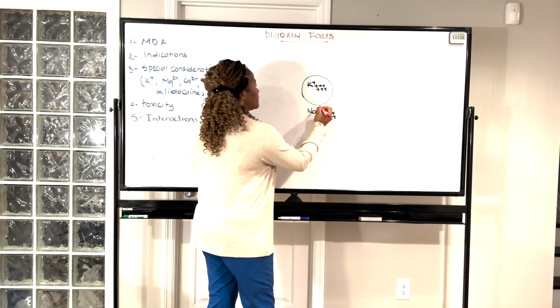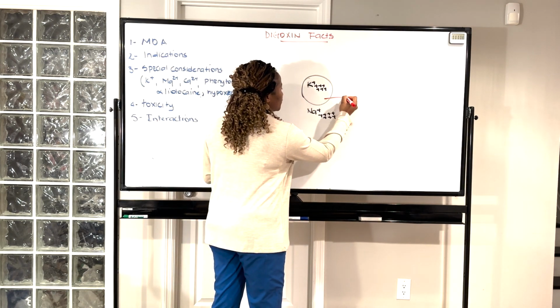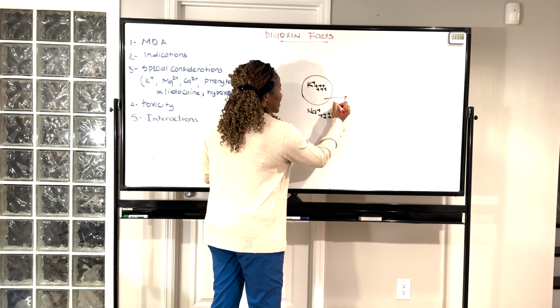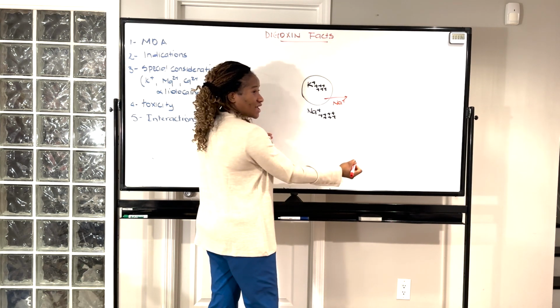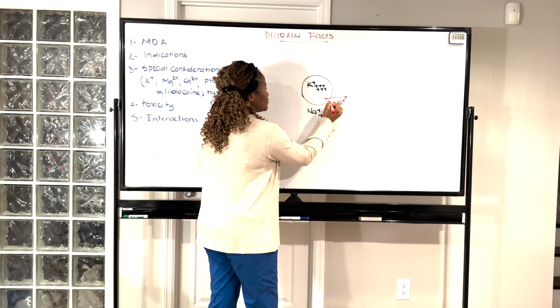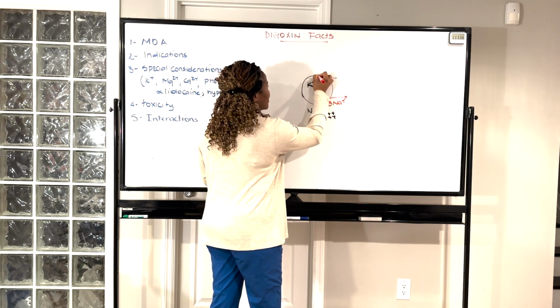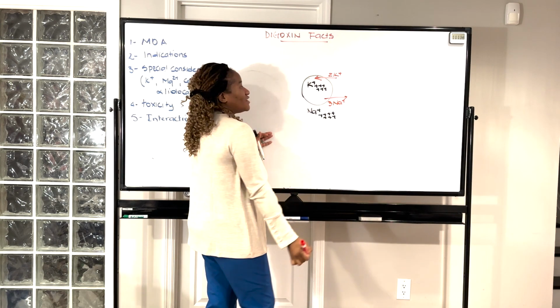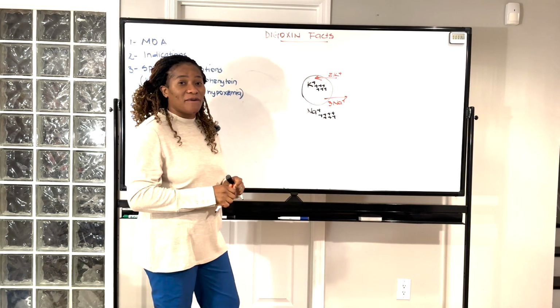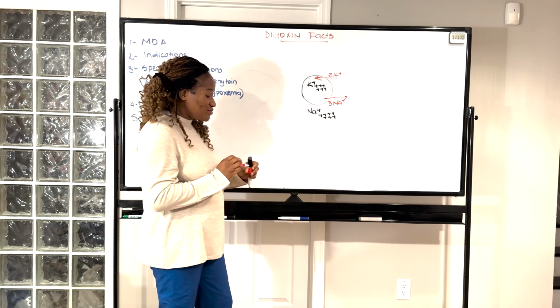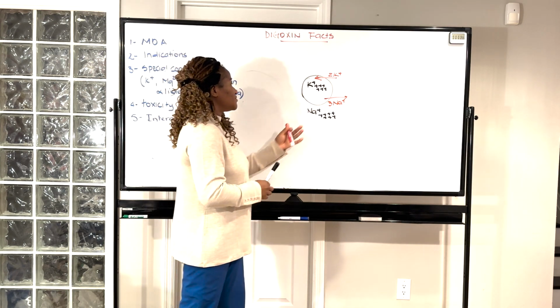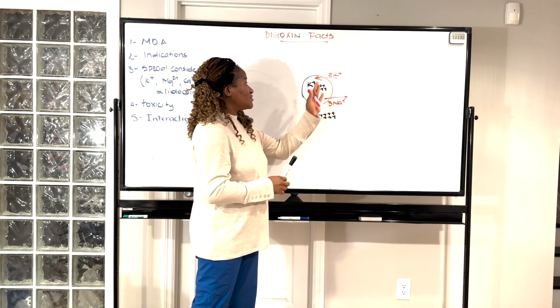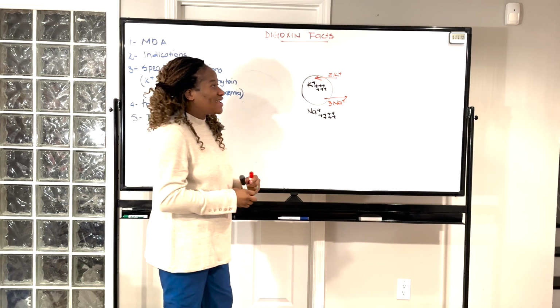This pump is going to make sure that more sodium goes out, even though the sodium is already out. It's going to push 3 sodium out for 2 potassium in. This is what the ATPase pump does: 3 sodium out, 2 potassium in.